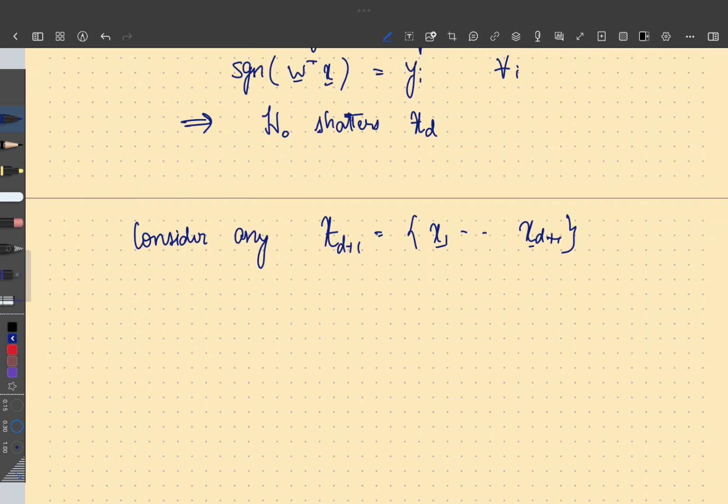So what we know is that these are d plus 1 vectors in R^d, therefore they must be linearly dependent, right?